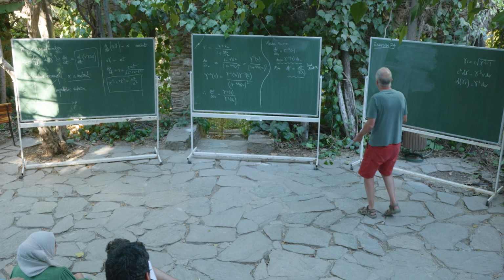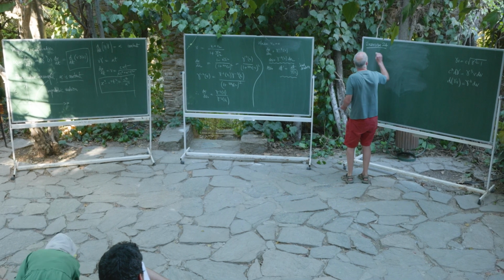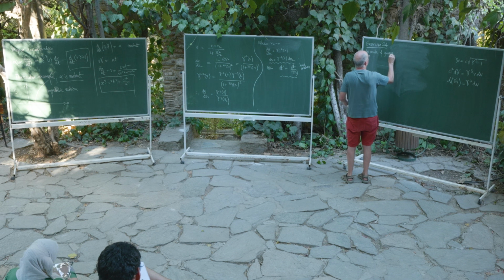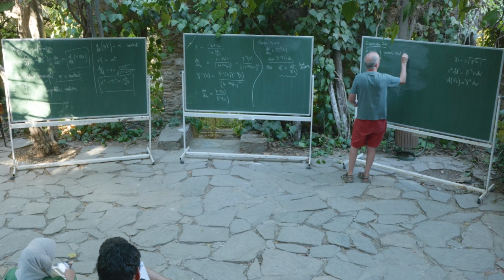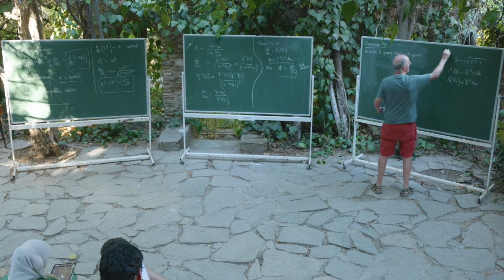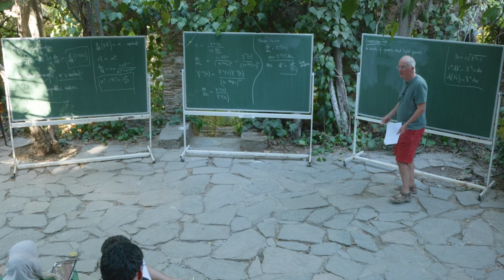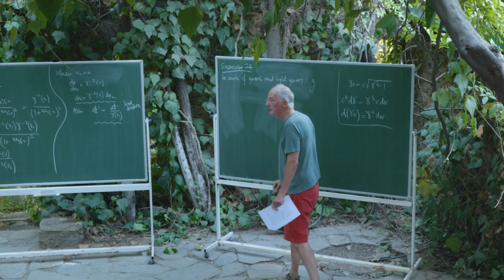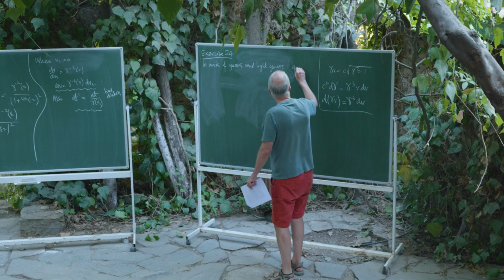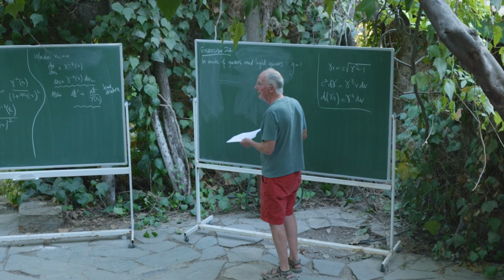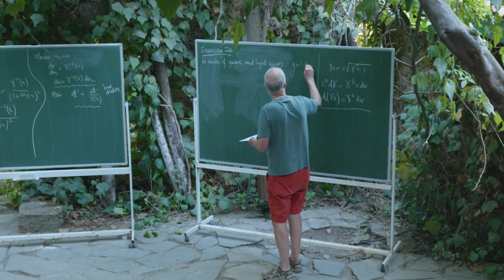So the exercise basically, first of all, says that if we're using units of years and light years, which is a natural thing to do, then in those units g, the acceleration due to gravity, is something like 1.04.